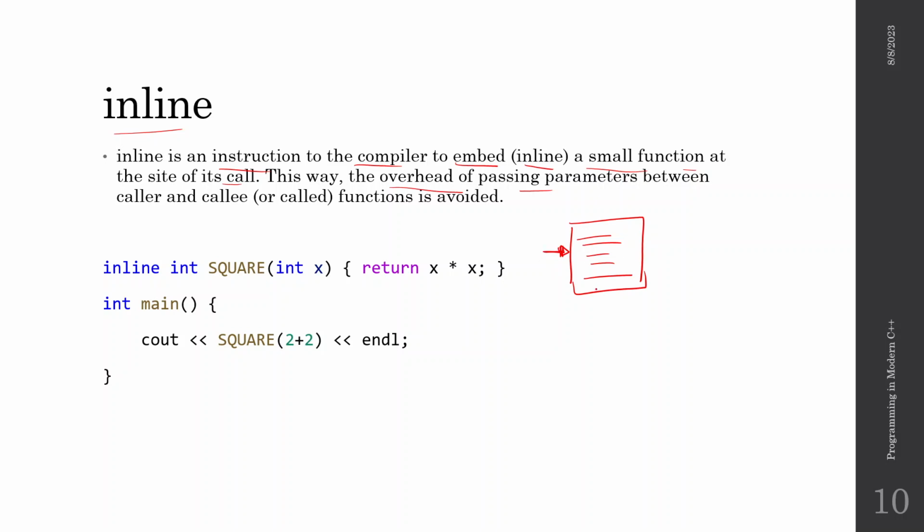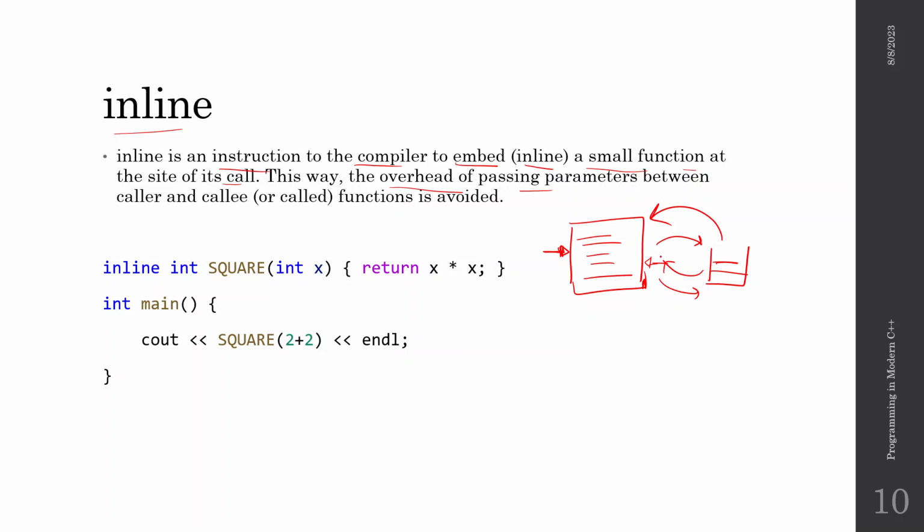But when a function call is there, the arguments of the function have to be pushed to the stack. Then it has to jump to the new location, it will execute the function. Then it will return from the function, and these arguments will again have to be popped back from the stack. So this is how it works.